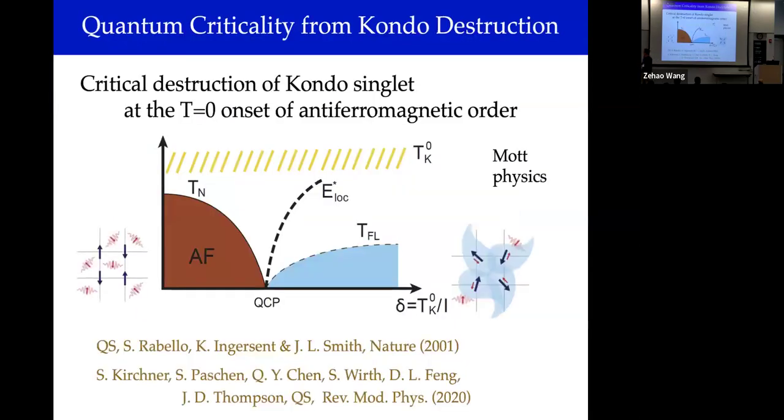So let's start from this picture, which was a little bit of a desperate way at the beginning of trying to understand some experiment. So the phase transition from antiferromagnet to paramagnet, that's a very familiar form. Quantum phase transition of a similar kind is also a relatively familiar form.